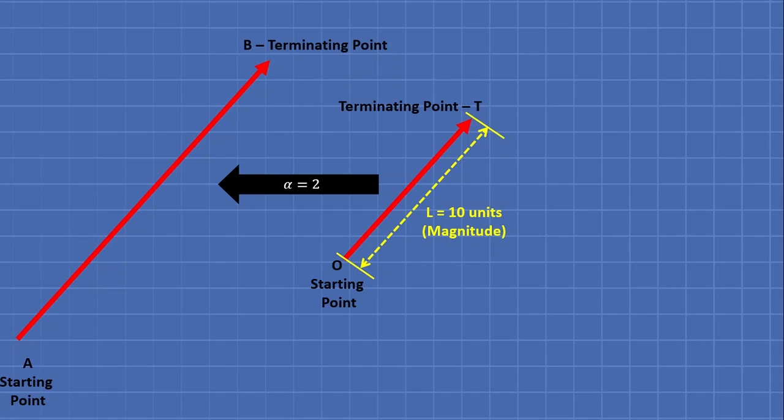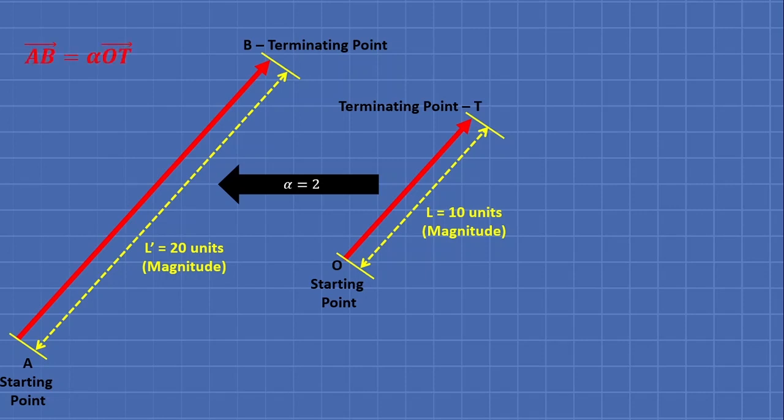So A will be the starting point and B will be the terminating point after scaling, and its magnitude will be multiplied by the value of the scalar, that is 2. So original magnitude was 10 unit, and after scaling the magnitude will be 20 units, but the direction of both the vectors will be same. So AB bar is equal to alpha into OT bar. The value of alpha that we have taken is 2. So AB bar is equal to 2 OT bar, and hence magnitude of AB bar will be twice the magnitude of OT bar, that is 20 unit.